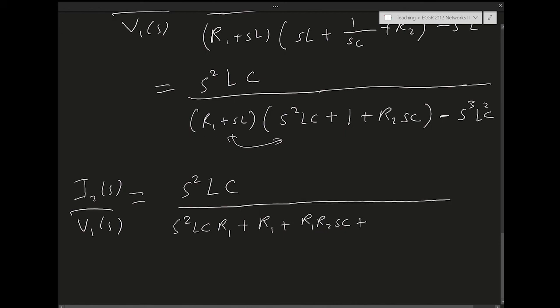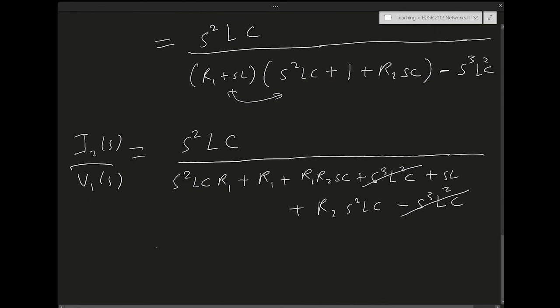So I get plus S cubed L squared C plus SL plus R2 S squared LC minus S cubed LC minus S cubed L squared C. Notice this cancels with this. S cubed L squared C cancels. So let's collect the terms.